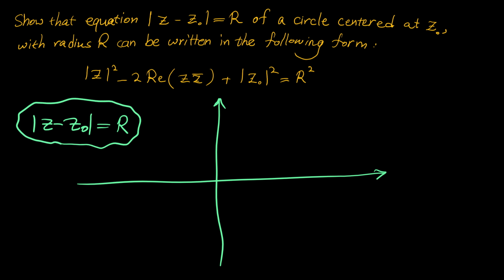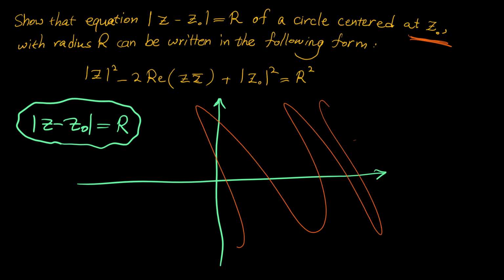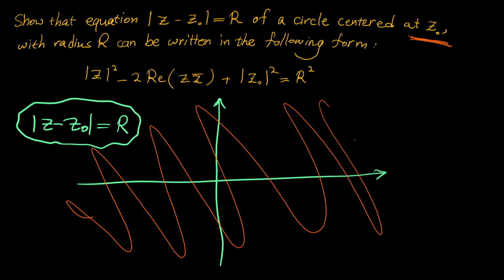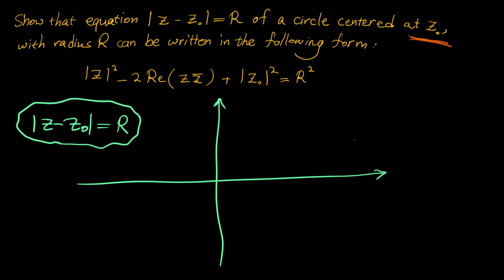We know that every circle has a center. The center of that circle is at z0. We know that z0 is a complex number, and a complex number lies in this plane, so z0 can be anywhere in this plane. For example, we suppose it to be here. So z0 is here. Attention, this is the center of our circle. R is the radius of the circle.